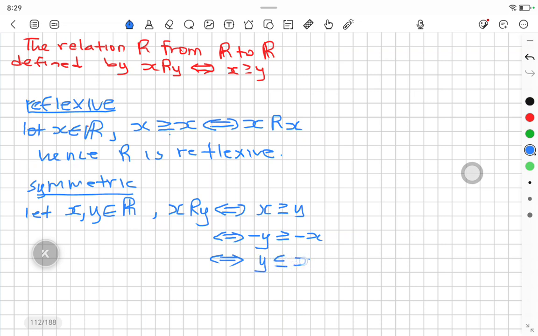So check this. What we were supposed to get is that y is greater or equal to x, but we didn't get that here. We got the original statement. So this simply means that R is not symmetric. You see right now? So we can deduce that.